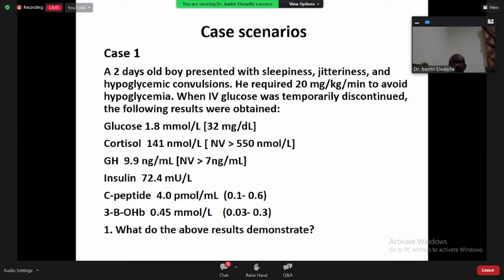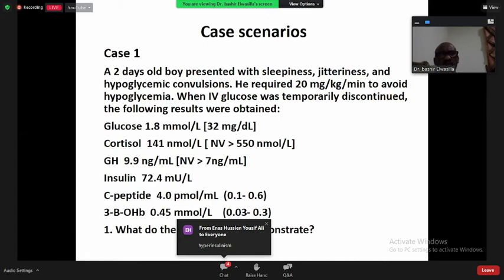Definitely here he required 20 milligrams, which is more than 10 milligrams per kg. The glucose is still low, and the insulin is 72, which is very high, and the C-peptide is high. This is mostly hyperinsulinemia. Here we have cortisol, which is a little bit low, but it is not strange to find this in these cases.